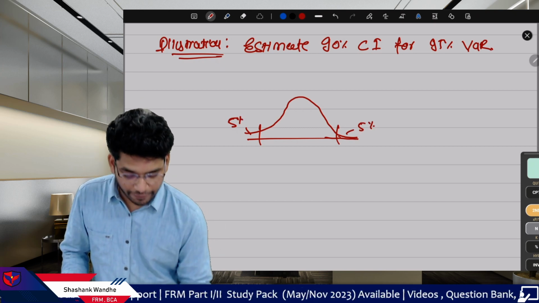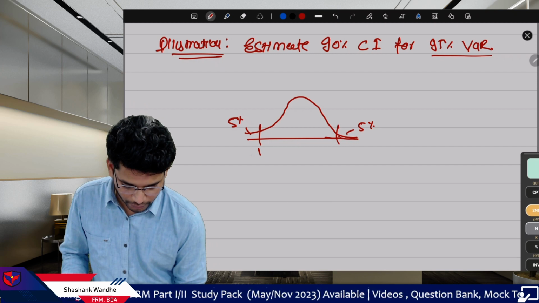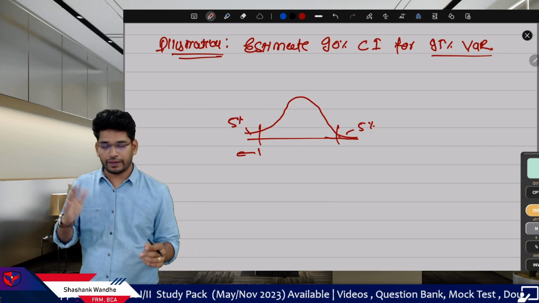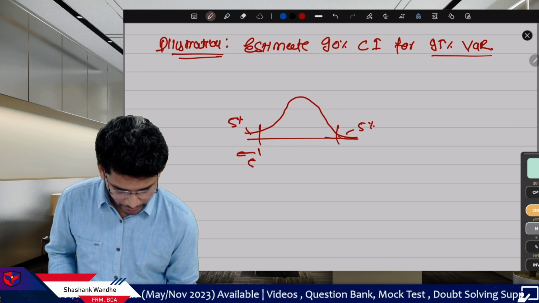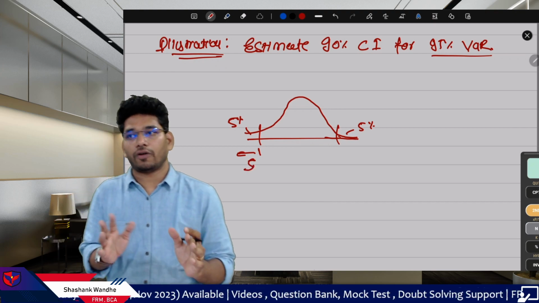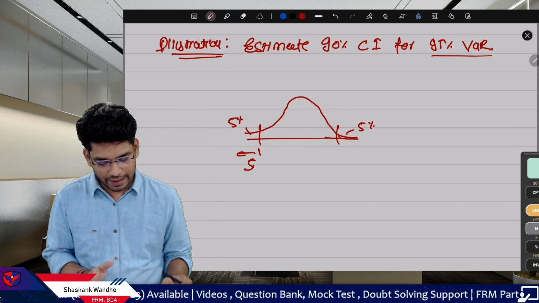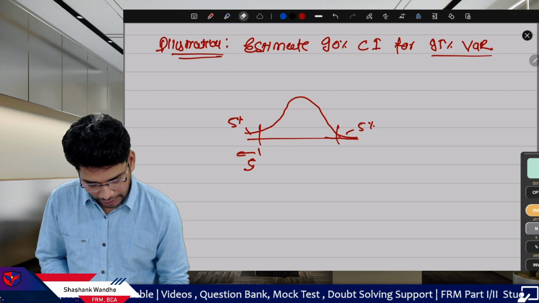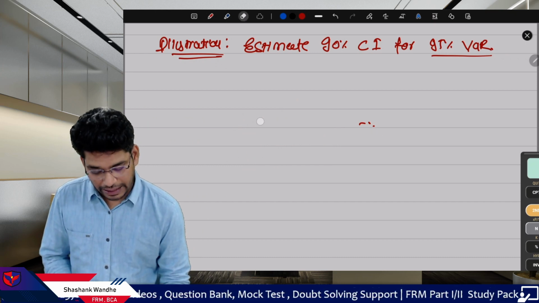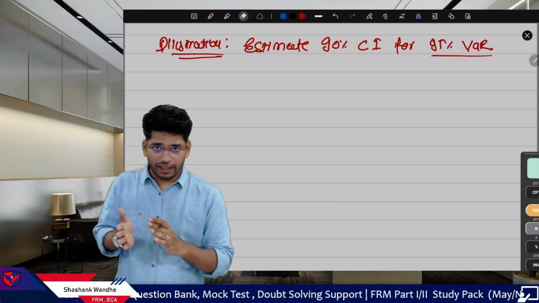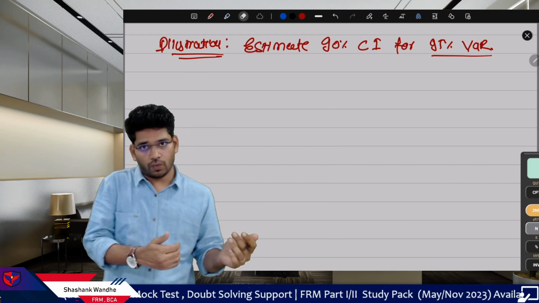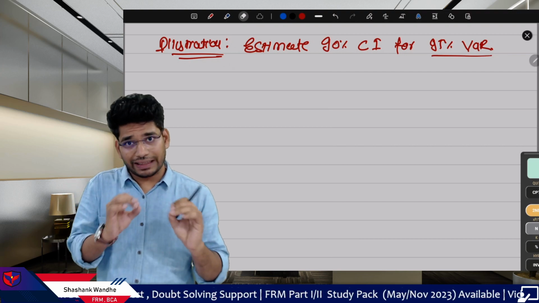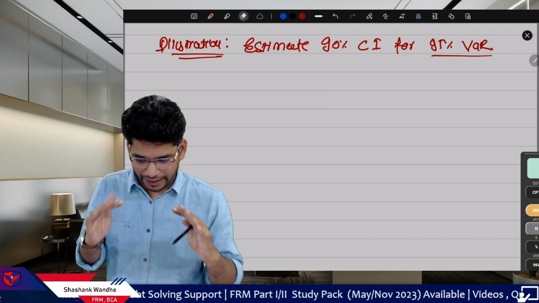And for 95% VaR, we only take the left side, left tail, right? So here 5% VaR will lie here. So the cutoff point of both of these is more or less the same. But you have to remember this, we are estimating a confidence interval at 90% confidence level, but for 95% VaR. Okay, so this thing you need to know very clearly.